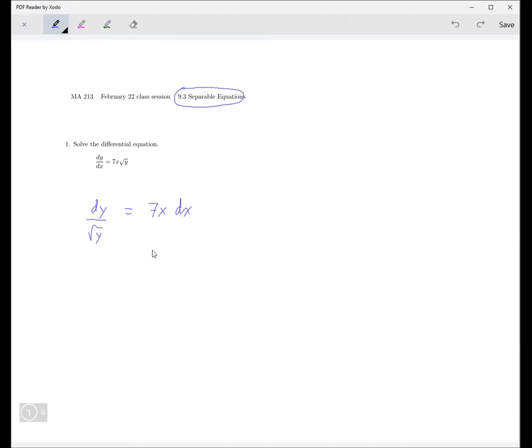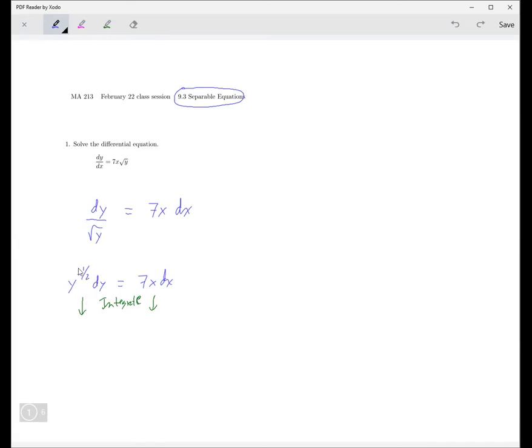And the idea now is you're going to integrate both sides, but before we do that, let's put this in a better form: 1 over the square root of y is y to the negative 1/2. Now we integrate both sides of the equation separately.